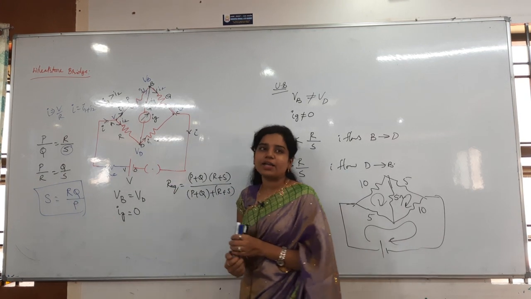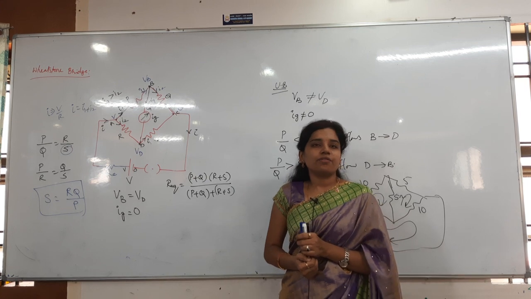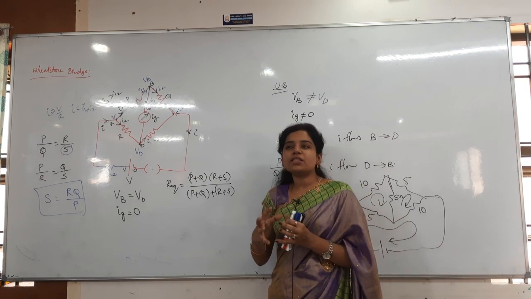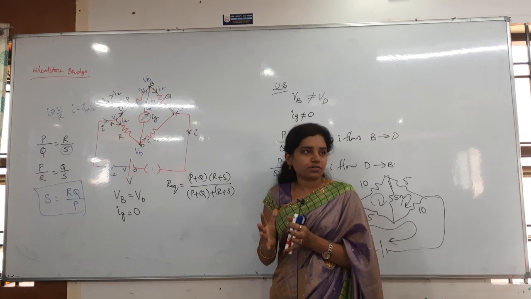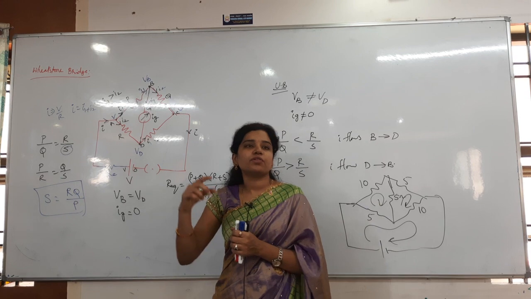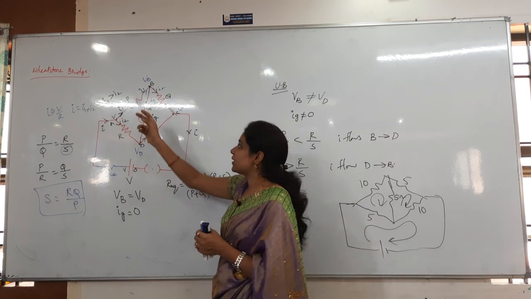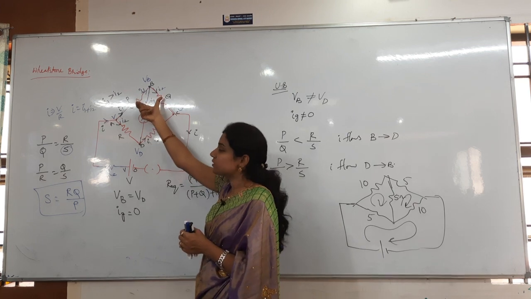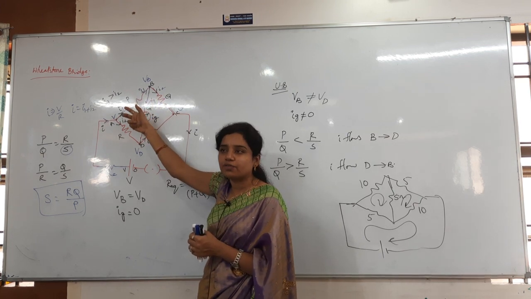In case of unbalanced, current flow is important. The current will flow from B to D wherever the resistance is less. That is what you have to remember mainly. Wherever the resistance is less, the current will flow from that point only. Here I said that P by Q is less than R by S. Here less resistance means more current flow.